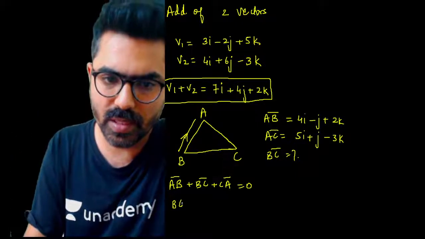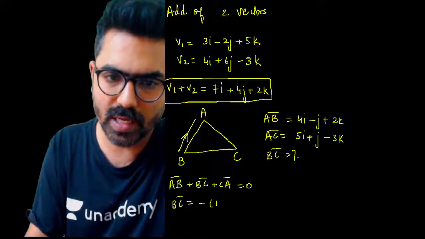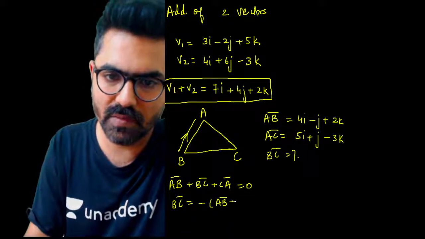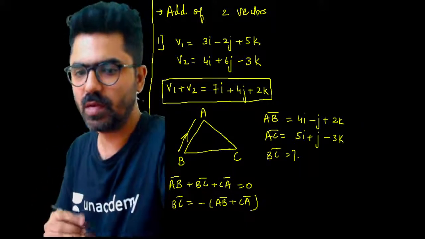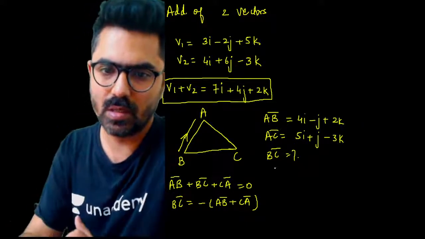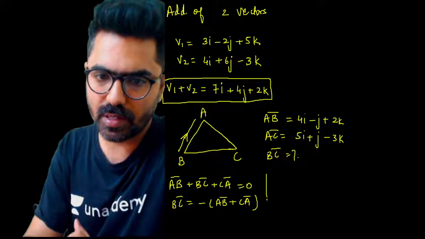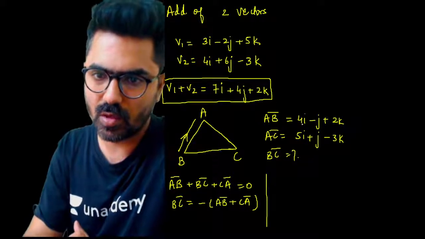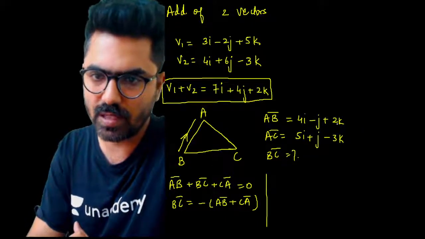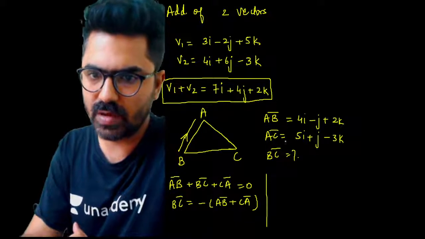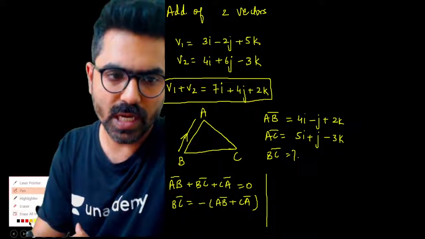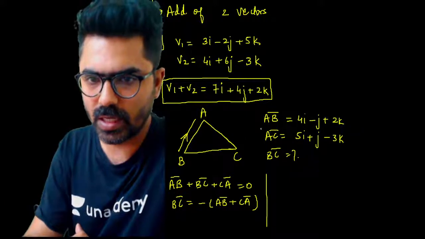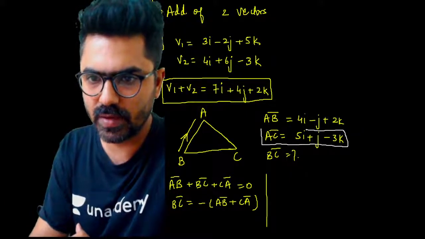So from here, BC vector is equal to minus of AB vector plus CA vector. Now we have the AB vector, which is 4i minus j plus 2k, and the CA vector we don't have. So to find the CA vector, we need to take the negative of the AC vector.